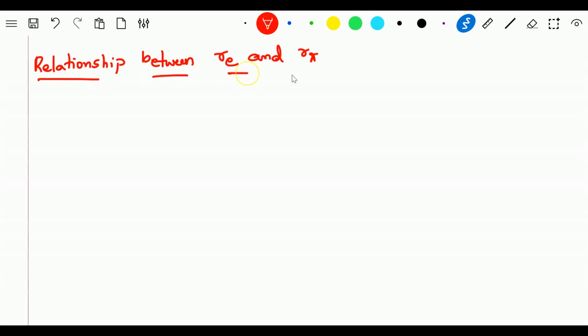For that we need to make a note of the equations which we derived earlier. So we derived for RE, which was equal to VB by small I, right? We also derived RE, which was equal to alpha by GM.